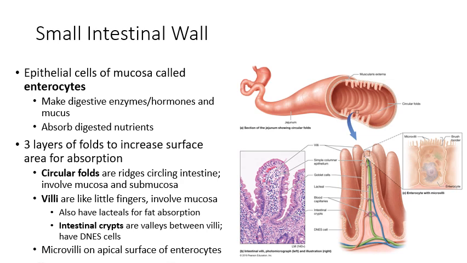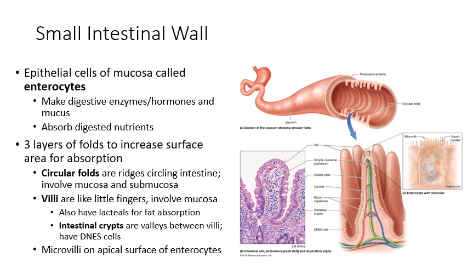And then in between the villi you have intestinal crypts, the little valleys or pits between the villi. And in the bottoms of them you have special enterocytes that are DNES cells that secrete different hormones.